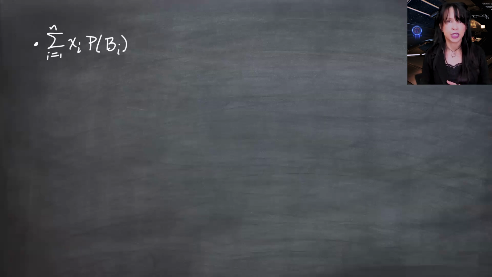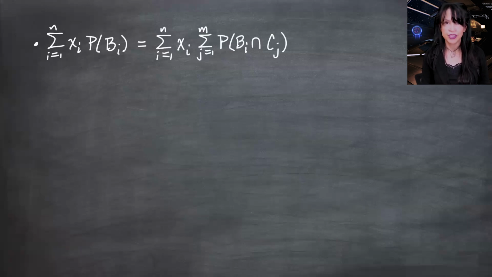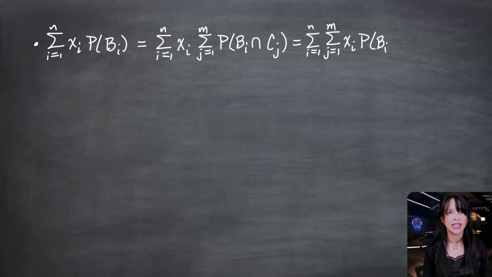Some of those intersections may be empty, but again, I can write B_i as a union of disjoint terms that look like B_i intersected with C_j, and I can use countable additivity for a probability measure and say that this probability measure of B_i is the sum as j goes from 1 to m of the probability measure of B_i intersected with C_j. This, again, is finite additivity. I'm going to pull the x_i into this sum, and we get what we get.